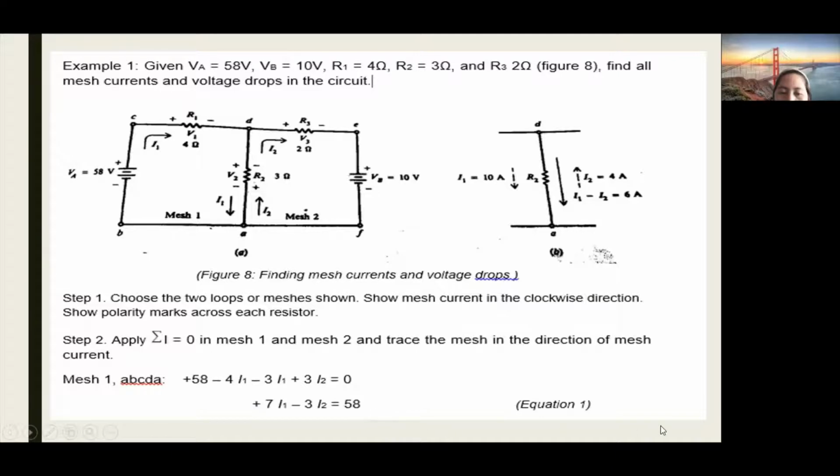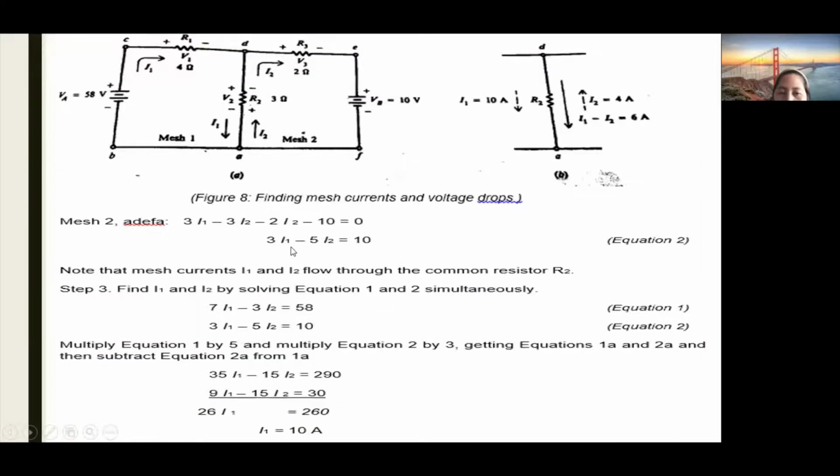But in the second mesh, correct me if I'm wrong, when you transpose, the sign will not change. For example, here 3 is also positive, and here it's negative 3 minus 2, which is negative 5.